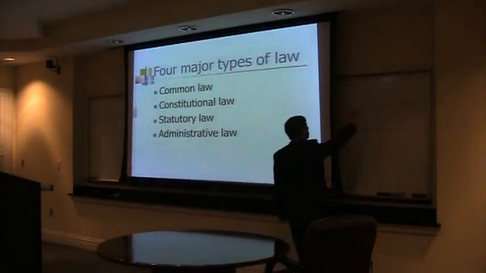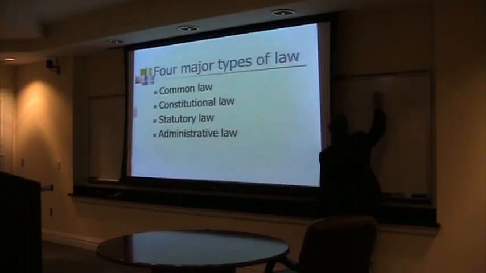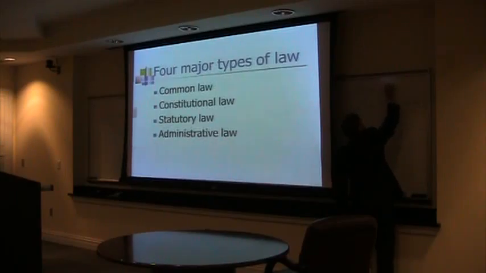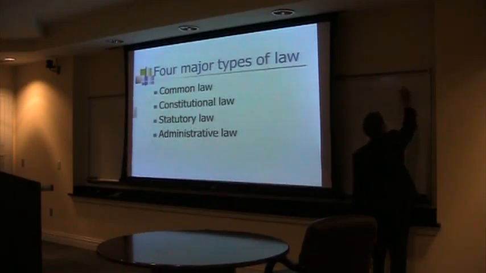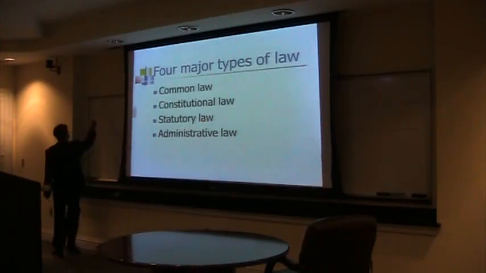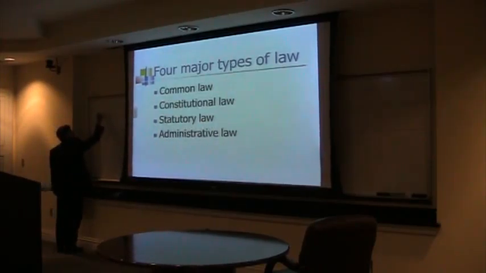So the way we can think of this is each branch gets an area of law. The judiciary owns these two. The legislative branch owns this type of law. And the executive branch owns that type of law. So see, everybody gets to get in on the lawmaking business.